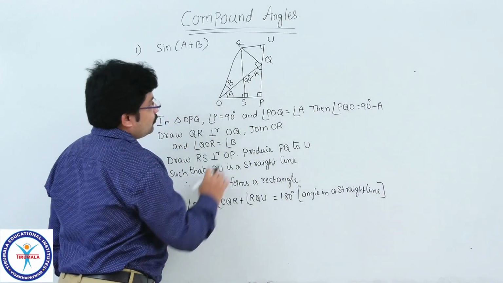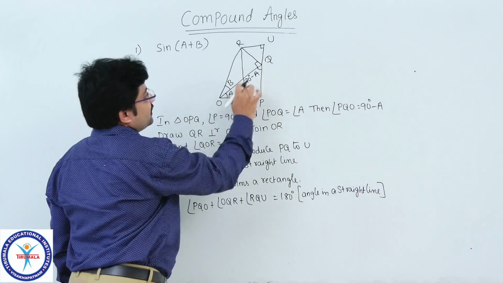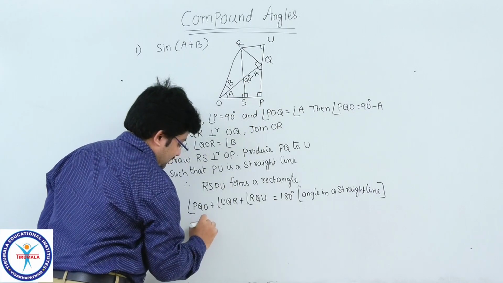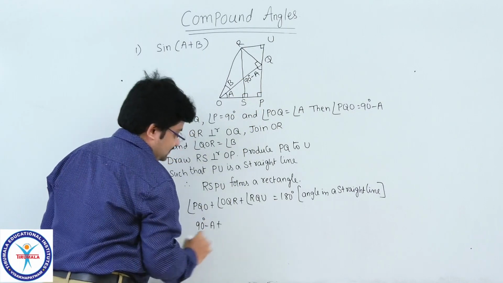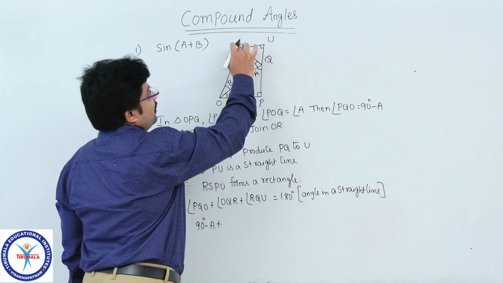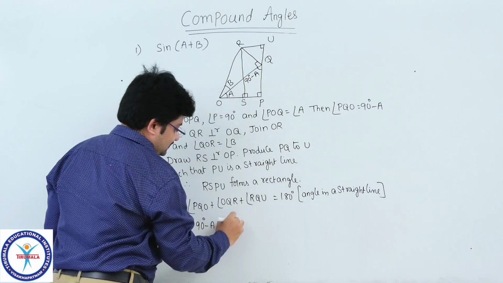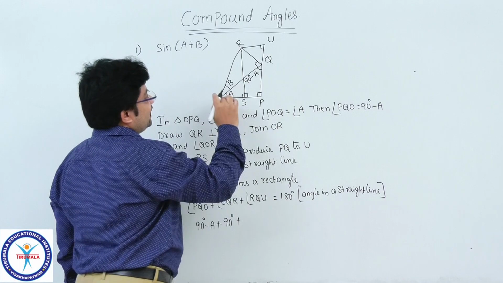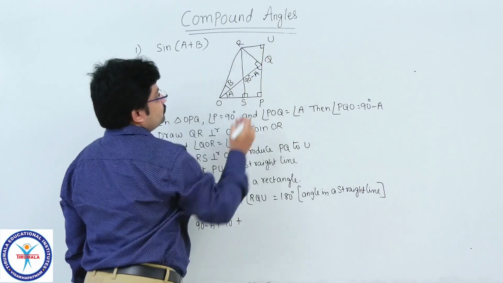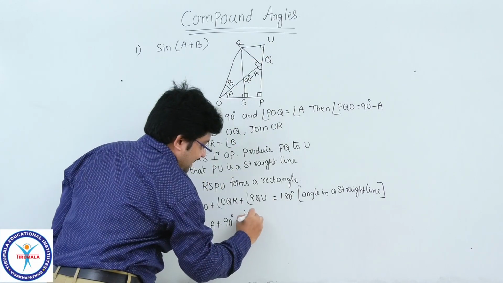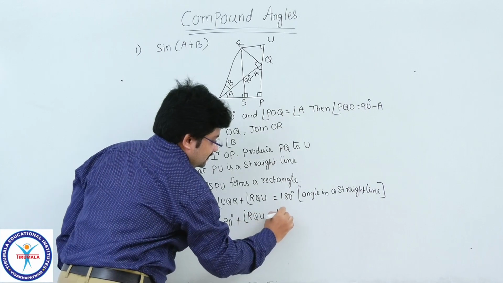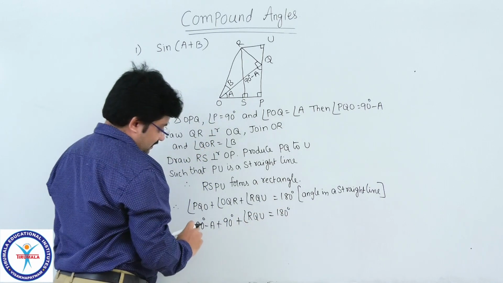Angle PQO, what is angle PQO here? 90 degrees minus A, plus angle OQR, which is 90 degrees, plus angle RQU, there is no measure, so that is angle RQU only, is equal to 180 degrees.